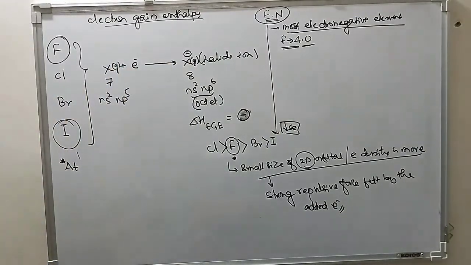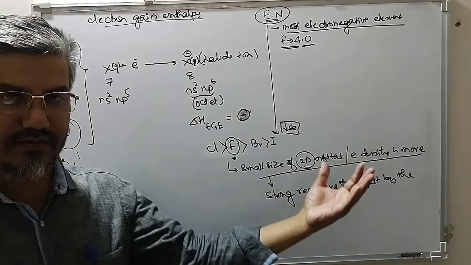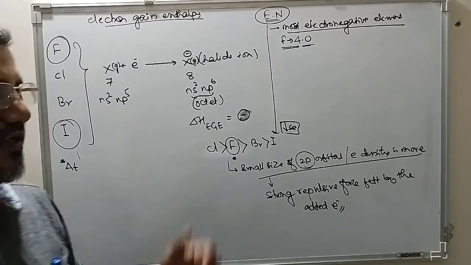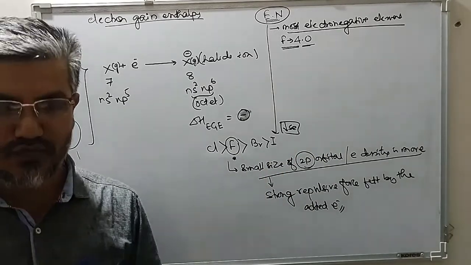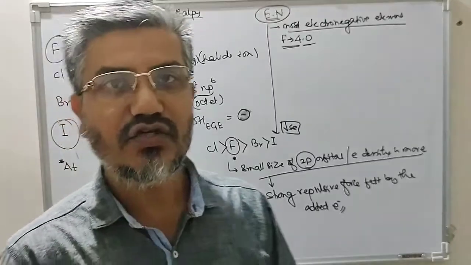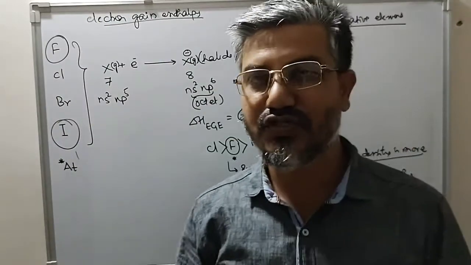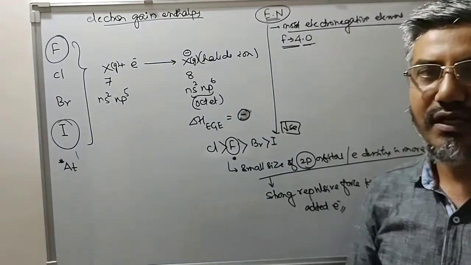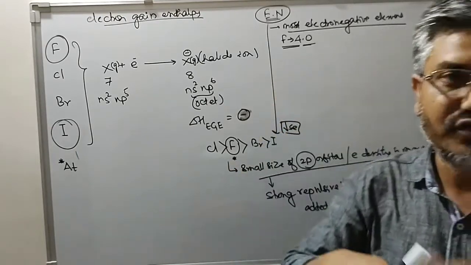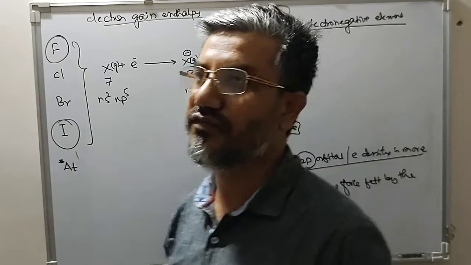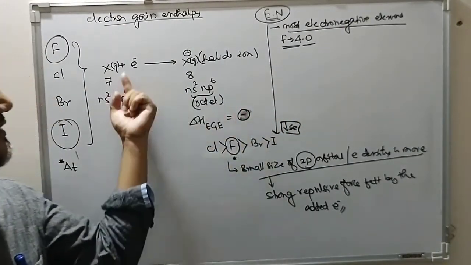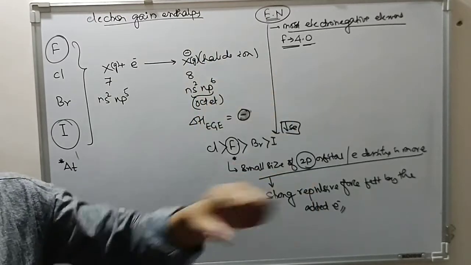So again look at this abnormal value of fluorine, or anomalous property of fluorine. Due to the small size of the 2p orbital, electron density on the 2p orbital is very high. So when we add an extra electron, there is a strong repulsive force felt by the added electron. Because of this repulsive force, the amount of energy released during this process is less.